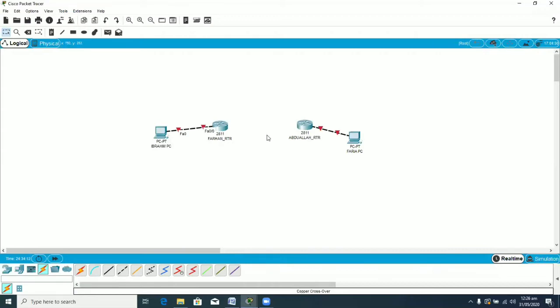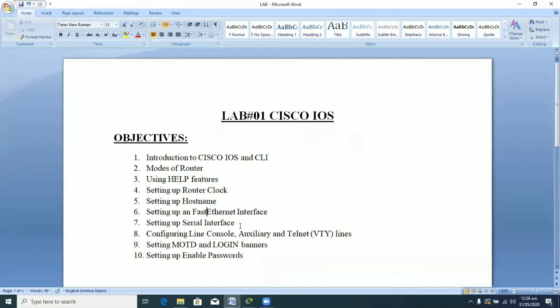Among these two routers, what you have to clearly understand is that whenever you are setting up an interface, there are two types of interfaces related to the serial connection. One is DCE and the other one is DTE. That you have to bear in mind. DCE is data communication equipment and DTE is data terminal equipment.